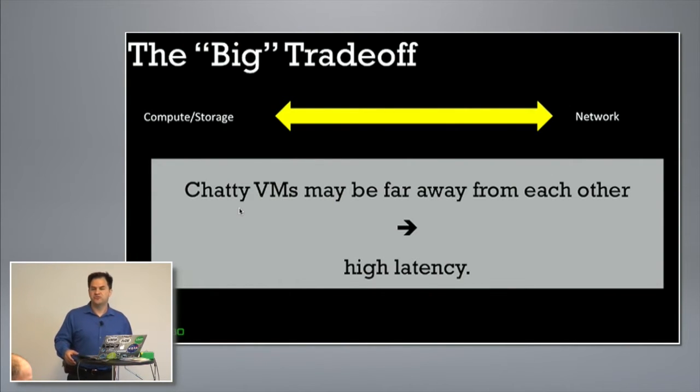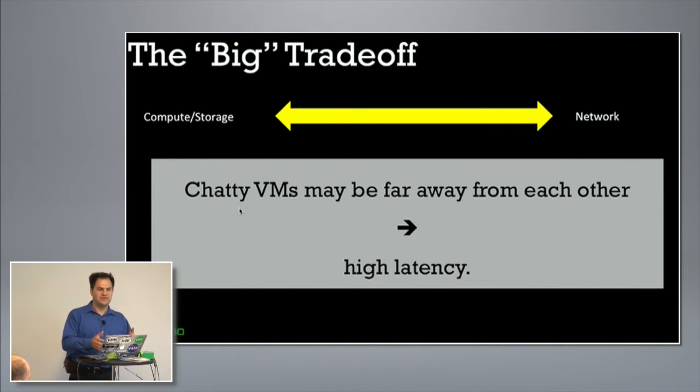All of these things change very dynamically, but network communication matrices really change in a very dynamic way. And VMs and containers running applications that talk frequently with each other can end up very far away from each other, which then introduces high latency. But if you try to move them closer to each other, you might end up with a compute or a storage bottleneck.